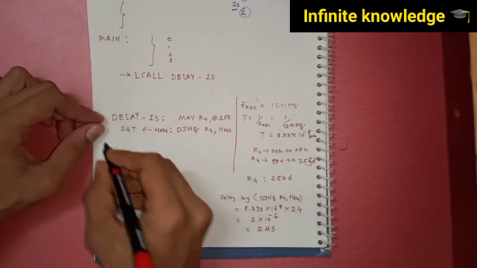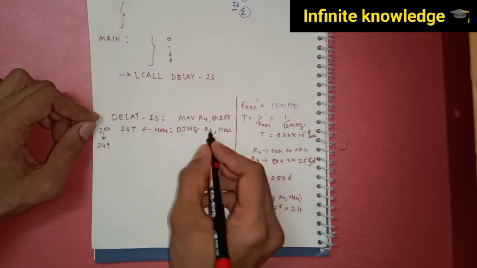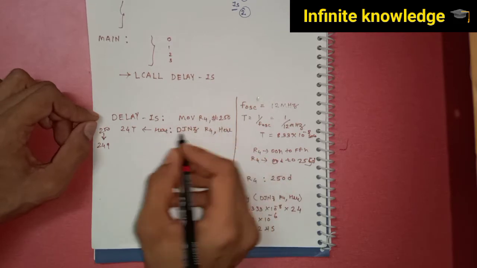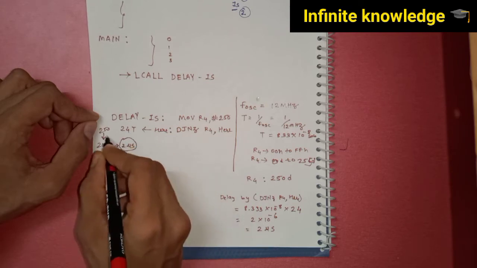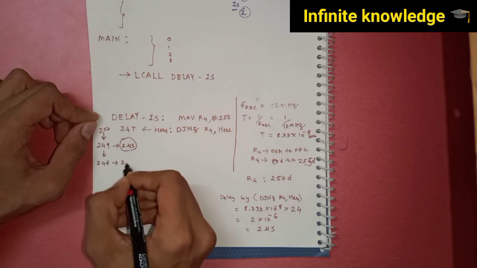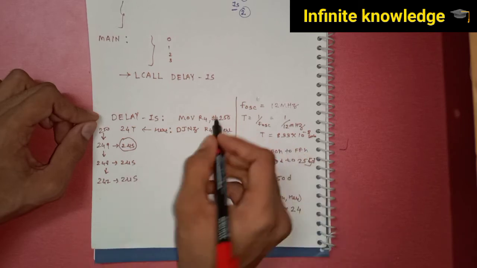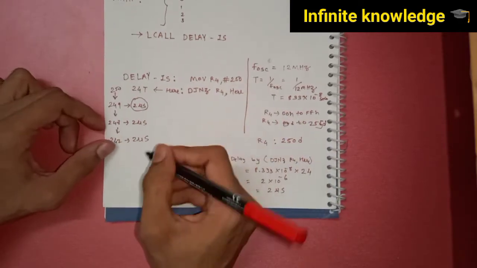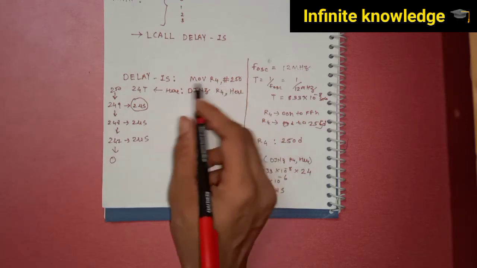For 249, it will first decrement from 250 to 249, and it will take 2 microsecond to run this instruction. Then again 248 for 2 microsecond, again 247 for 2 microsecond, and this instruction will run continuously up to 0, because it is decrement and jump if not 0.